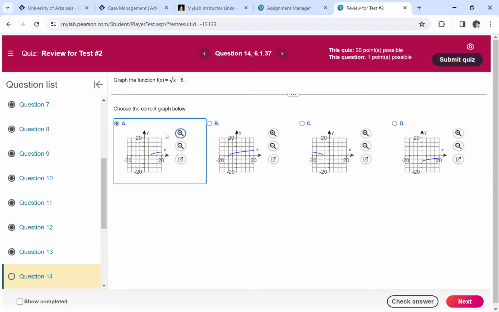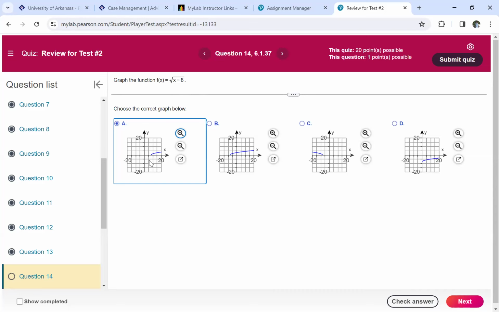Now, this one you could probably see on the calculator because it's only an 8 under there. Remember the one I did a while ago had 10 on it? I was subtracting 10. And the one I subtracted 10 on moved me right 10 units. So this one, since I'm subtracting 8, that's going to move me right 8 units.